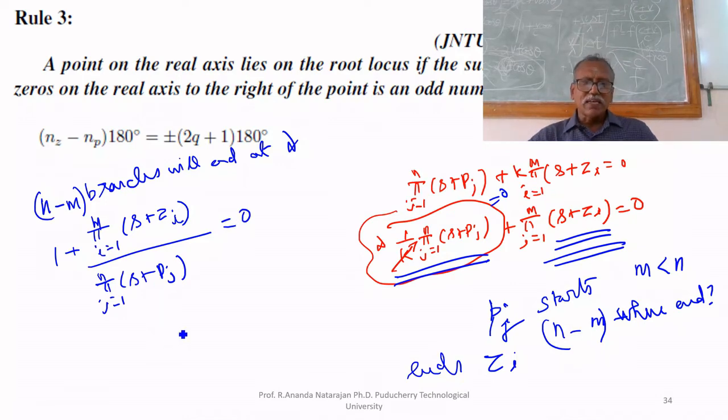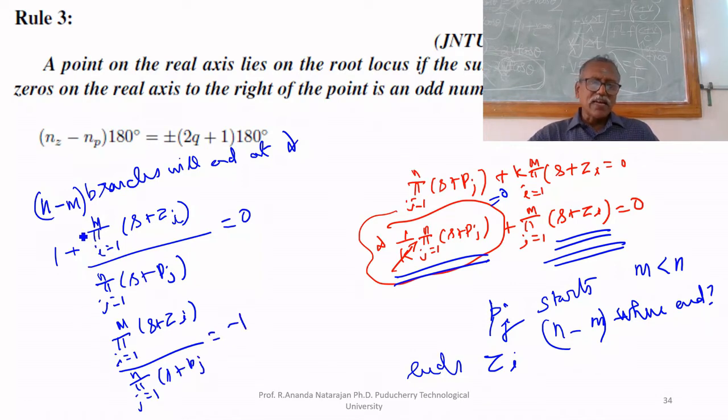Or I can say that the product of i equal to 1 to m of S plus Zi upon the product of j equal to 1 to n of S plus Pj equals minus 1.